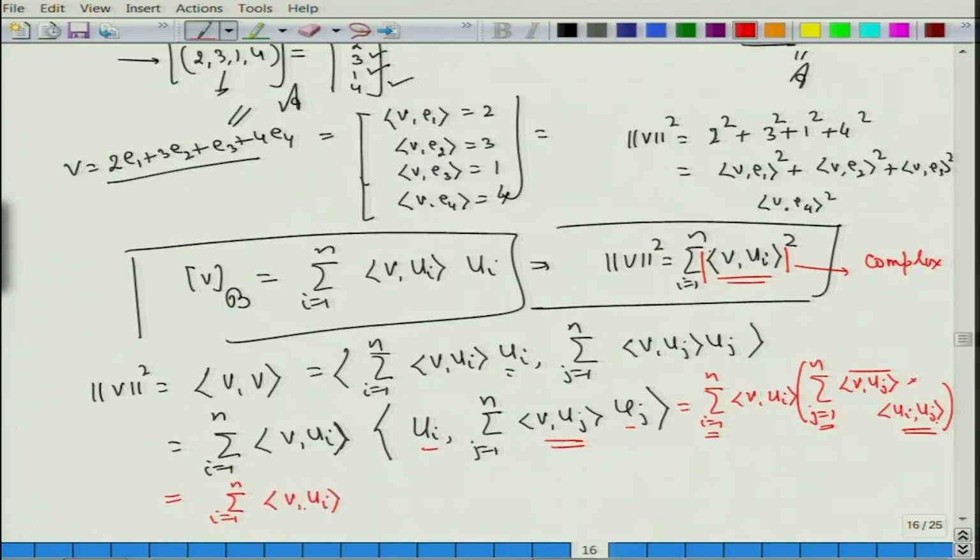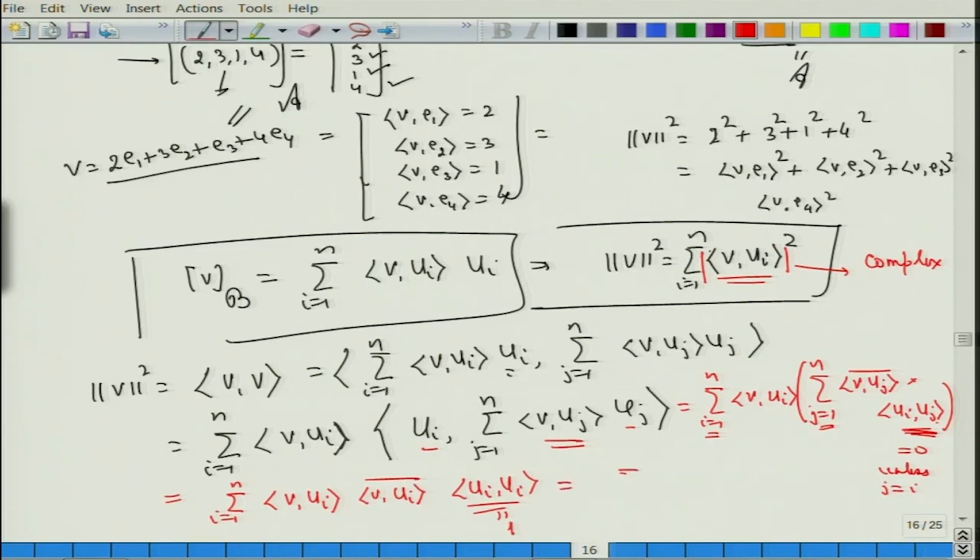As I said, this is 0 unless j is equal to I. So I will be left only with v comma ui bar, and I will be left with ui, but this is also 1 because the length is 1. I have taken it as an orthonormal vector.